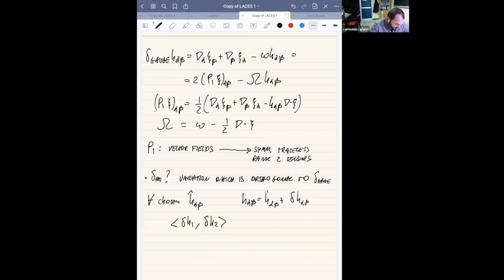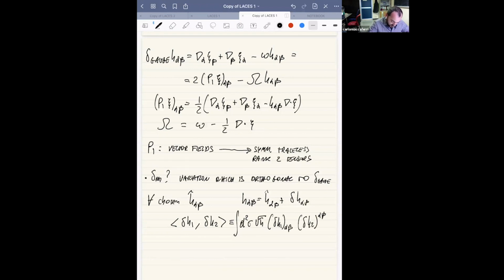Is the metric on the space of metrics, which is defined in this way: d²σ √ĥ δh₁^{αβ} δh₂^{αβ}.